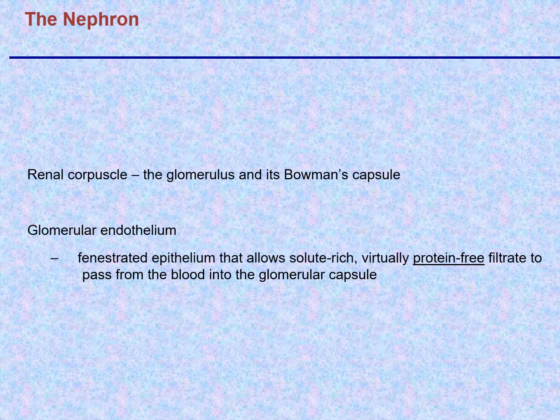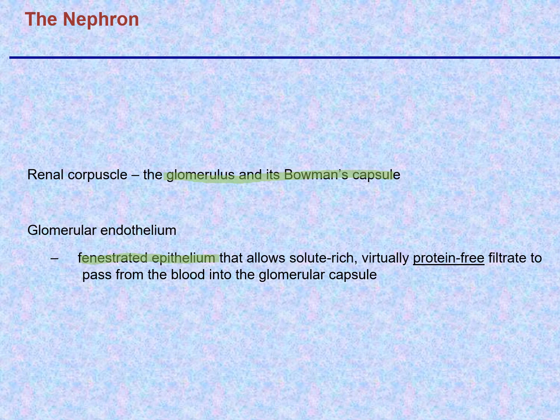Okay, the nephron, of course, is the glomerulus and the glomerular capsule or Bowman's capsule. Glomerular endothelium, that capillary bed endothelium, is fenestrated capillary epithelium, so it allows for a filtrate to be produced. That's what the kidneys do.